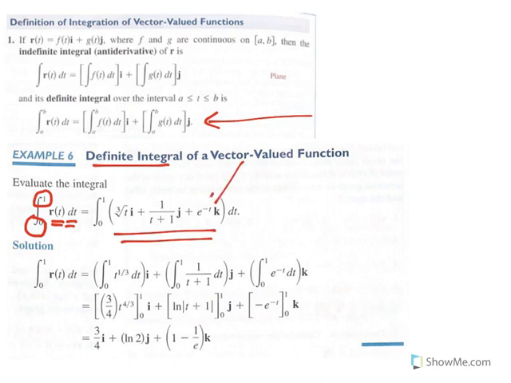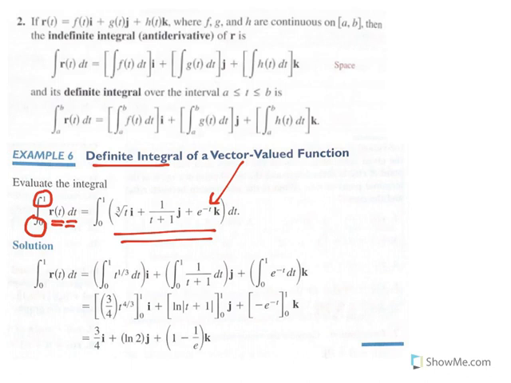Here's the vector-valued function r of t. In fact, we have 3 components. This is a space vector. But it doesn't really change anything. You're just going to find the definite integral of each component function. So let's look at how that's done.